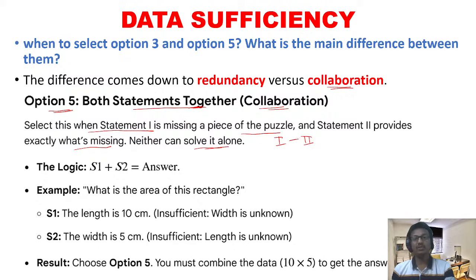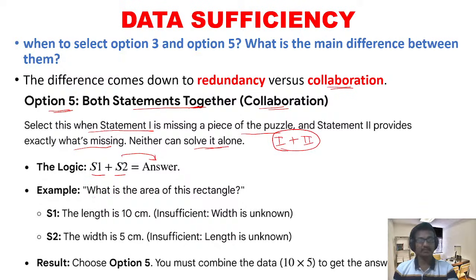But both combined give you the answer. So both are collaborating with each other. In such a case we should go for option 5. The logic is that statement 1 plus statement 2 both together provide you the answer.